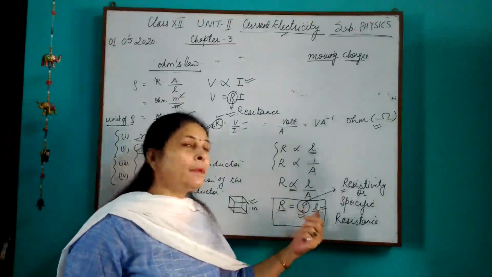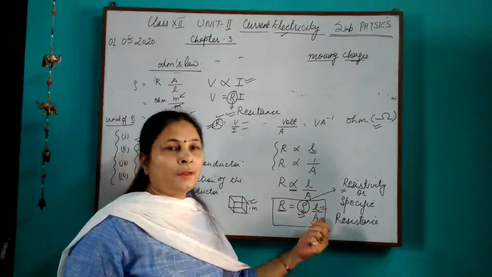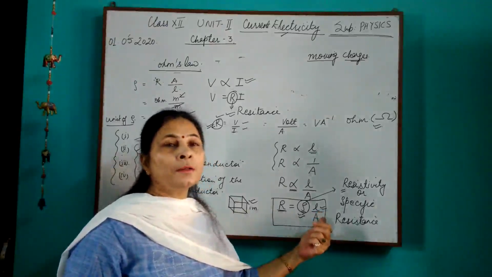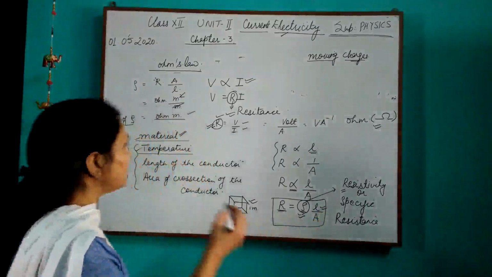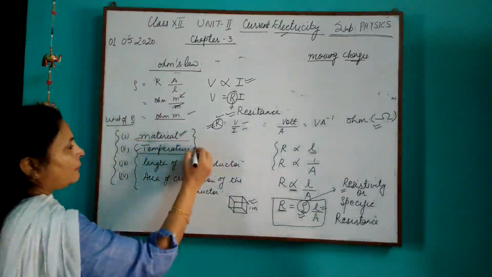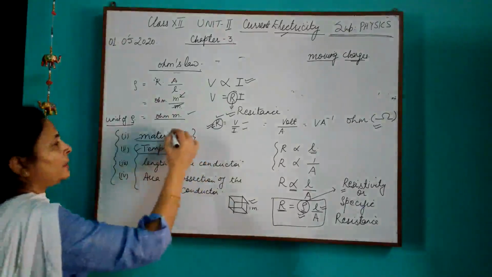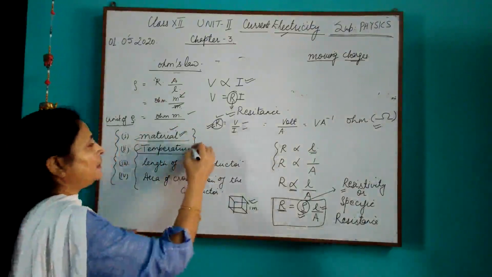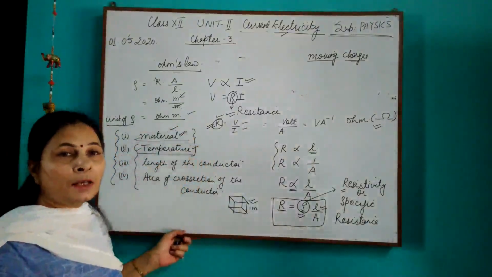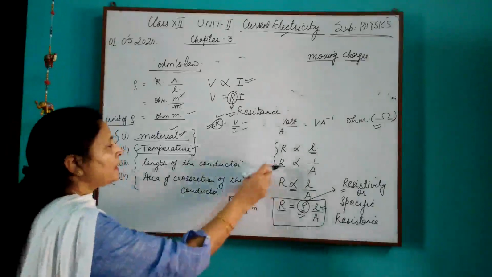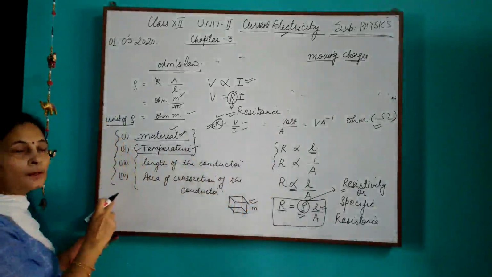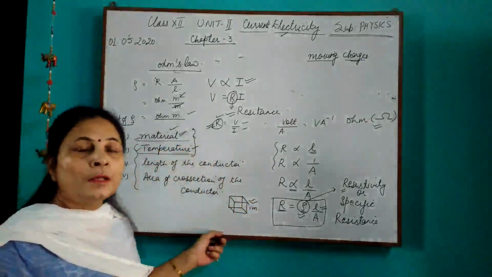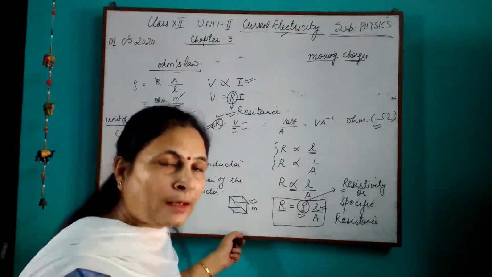So when we have fixed the dimensions of the given conductor, therefore these two factors will not now affect the resistivity. So resistivity will be a constant for a given material, and it changes only if the temperature is being changed. So remember, resistance will depend upon these 4 factors, but resistivity will depend only on these 2 factors.